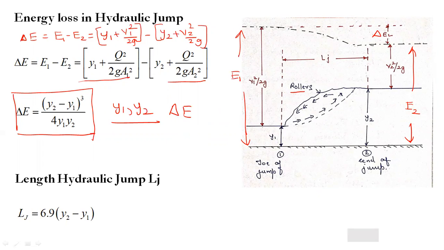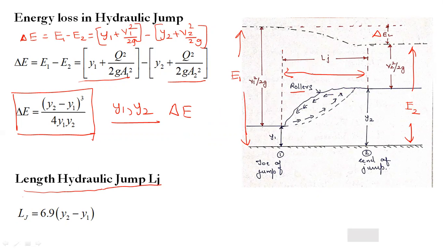Now the length of the hydraulic jump is another aspect. We are not going into the details, but basically it is defined as the length from where the hydraulic jump starts up to a point where the flow has tranquilized and the depth is steady. It is called the length of hydraulic jump.